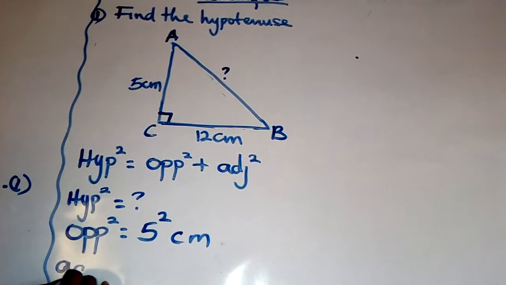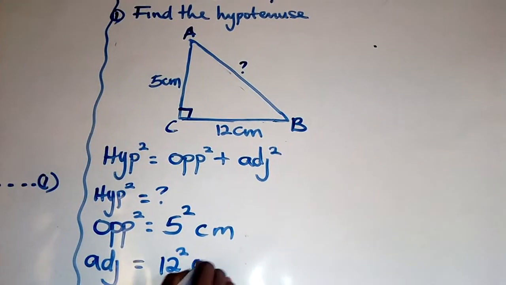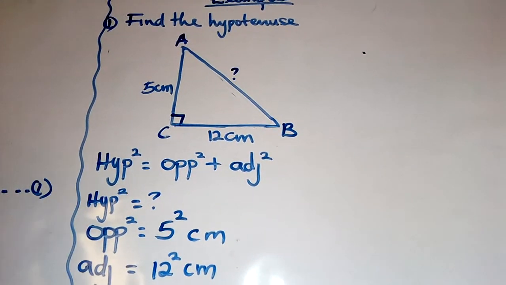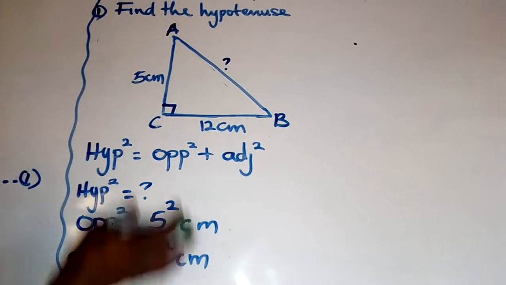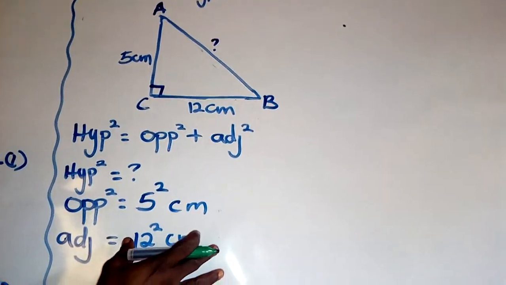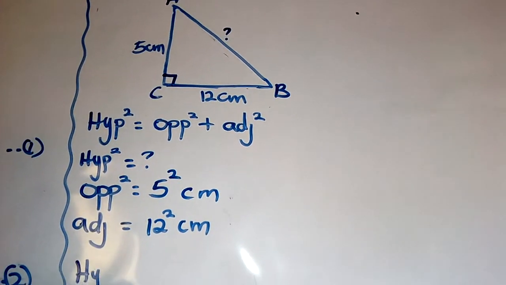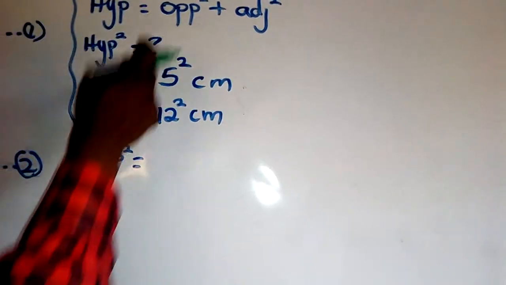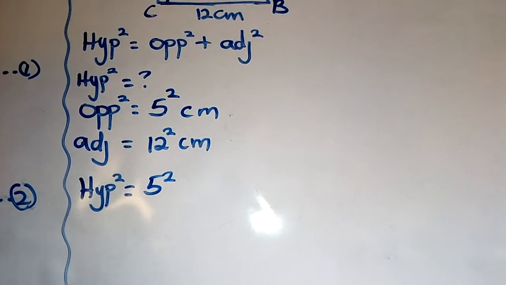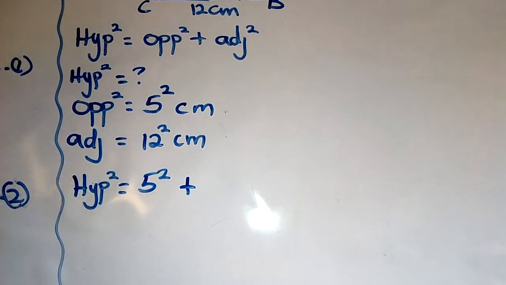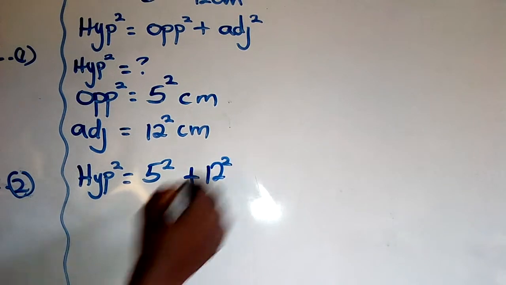Your adjacent is 12 squared. Okay, so we can now substitute these values for the sides. Your hypotenuse square equals your opposite, 5 squared, plus your adjacent, 12 squared.